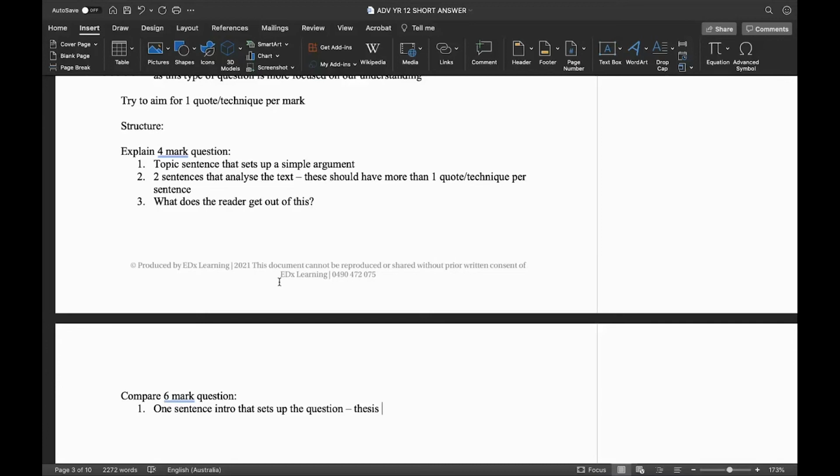So 1 sentence intro that sets up the question, and it's your specific thesis that broadly covers both texts, it encompasses both texts. Then you start a new paragraph and you get straight into the analysis of text 1.